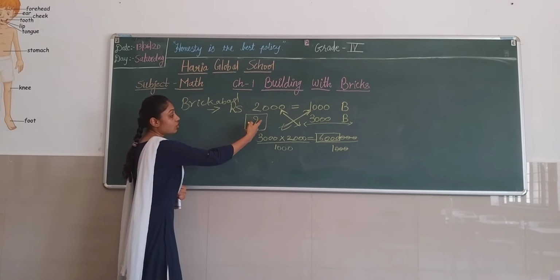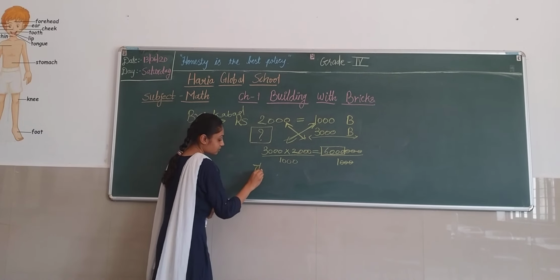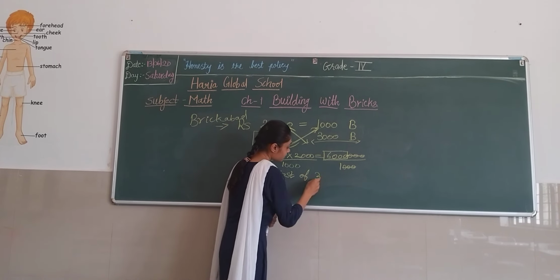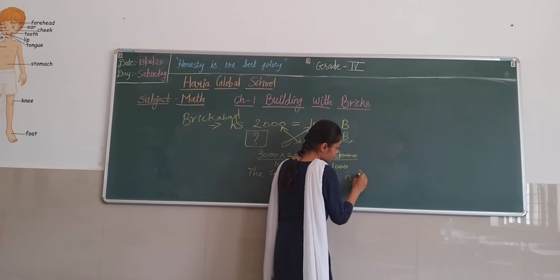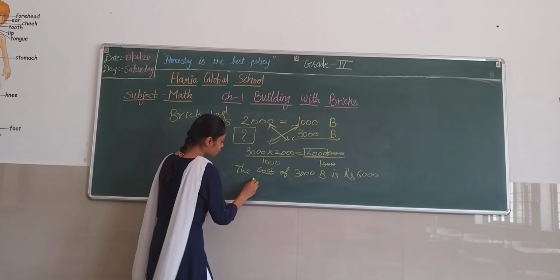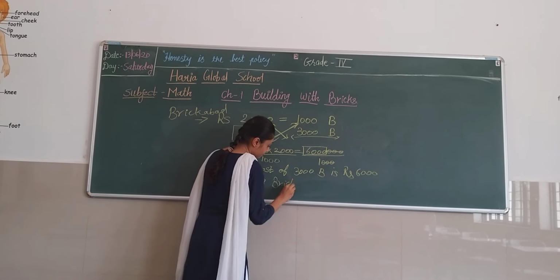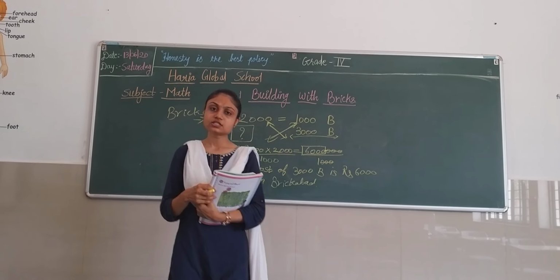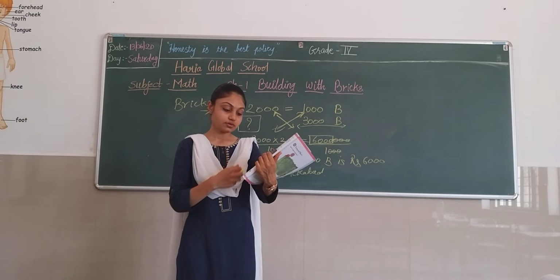So the cost of 3000 bricks is how many rupees? 6000 rupees. From where did we buy? From Brickabad. We did this question earlier also, but I just revised it here for you all.